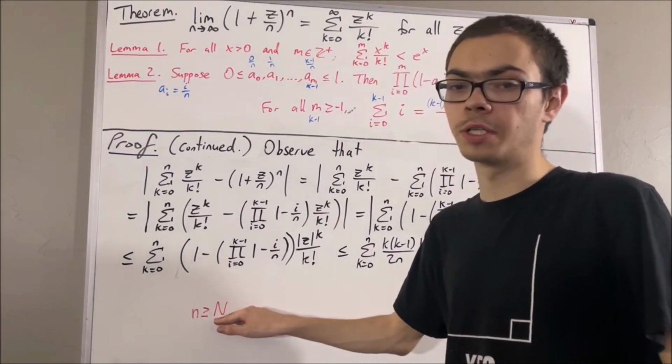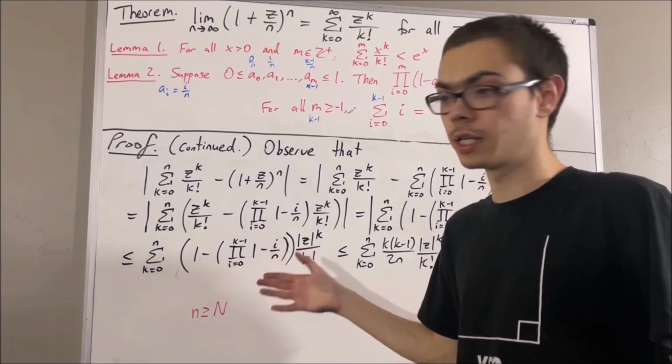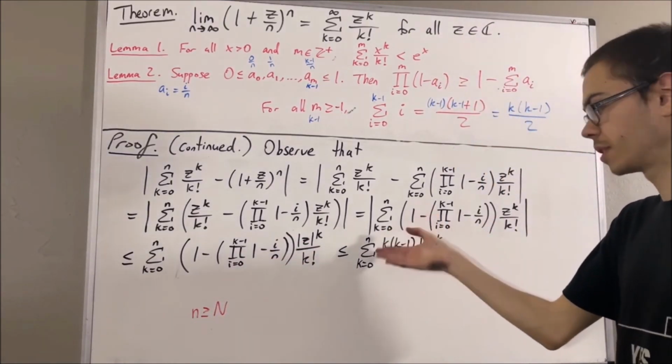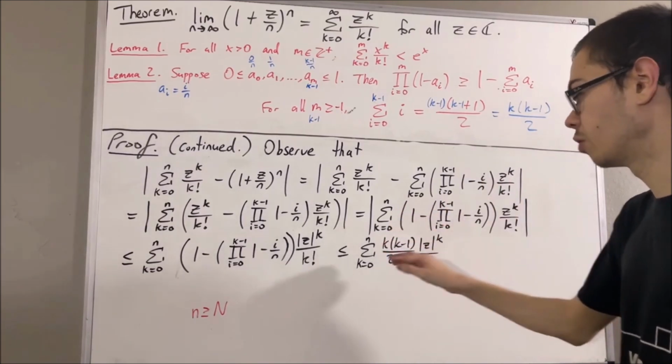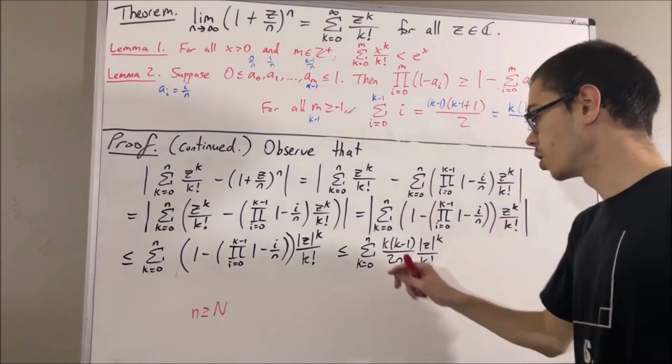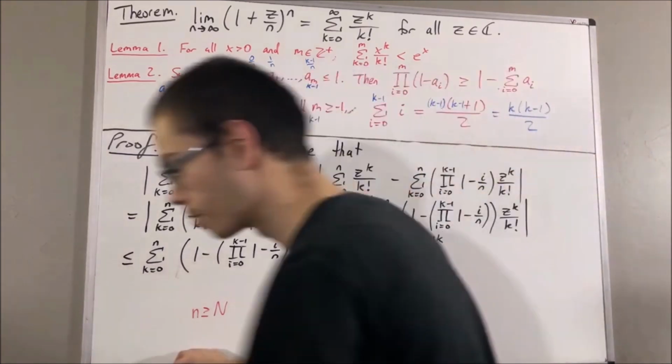So if capital N was, say, bigger than 100, then n would be bigger than 100. So we have more than 100 terms in this sum. So certainly we can pull away the k equals 0 and k equals 1 terms from this sum. If we do that, here's what we get.